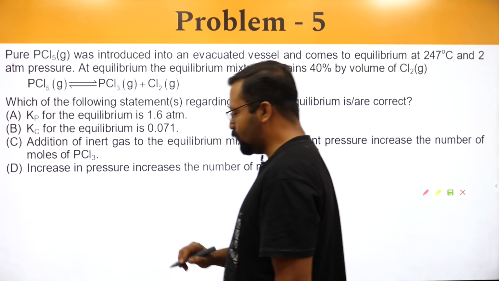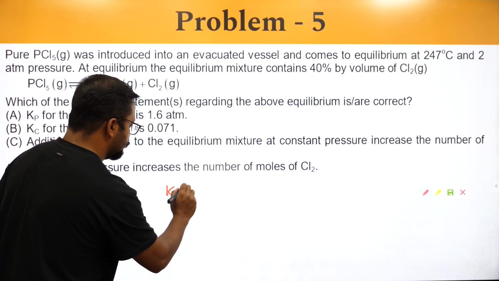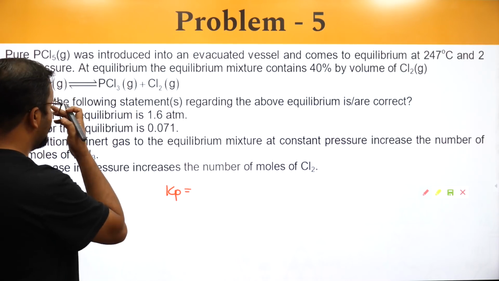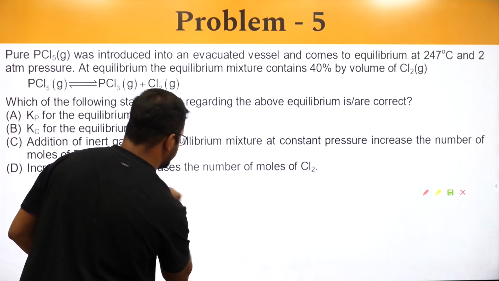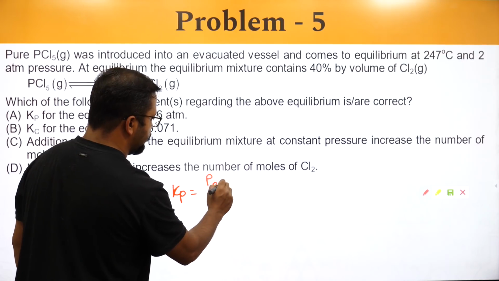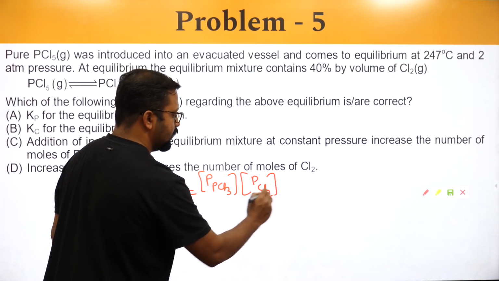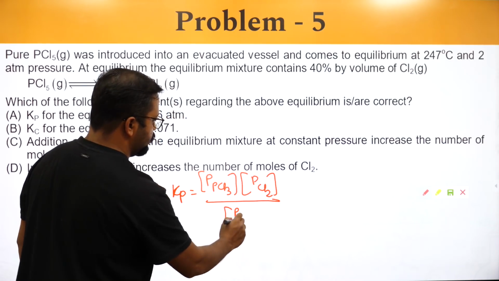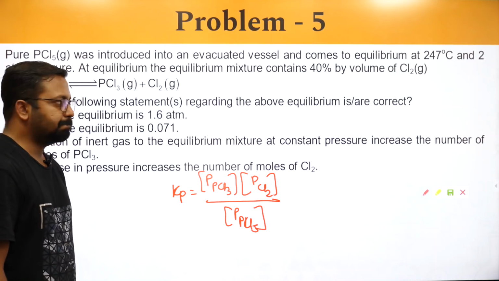Kp will be equal to pressure due to PCl3, pressure due to Cl2, pressure due to PCl5. Okay.